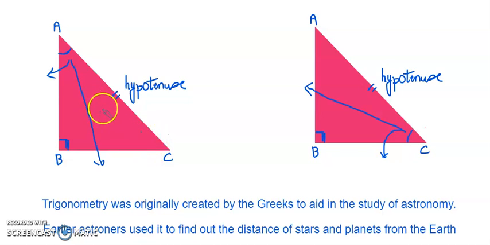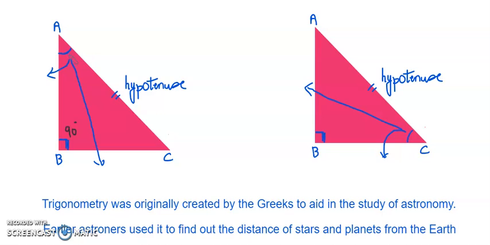Now, basically the three side ratios depend on the angle which is being taken care of. Suppose, as you can see, ABC is a right angle triangle, B being the 90 degree angle. If I say angle A, which side will be lying next to it?